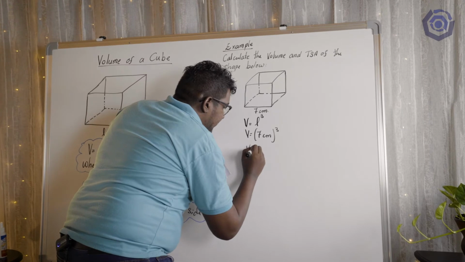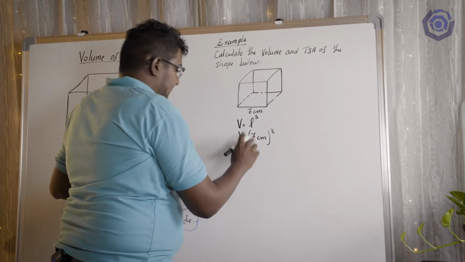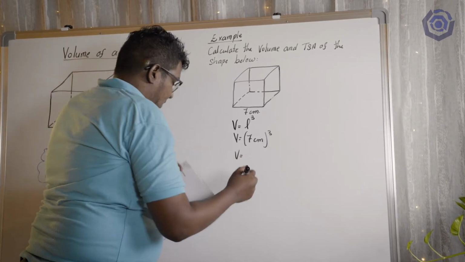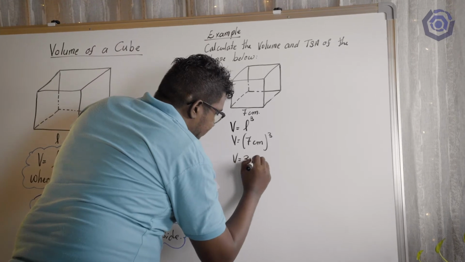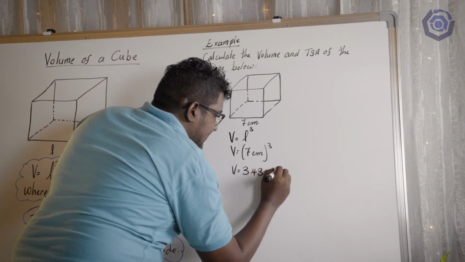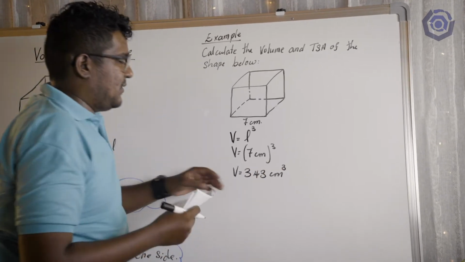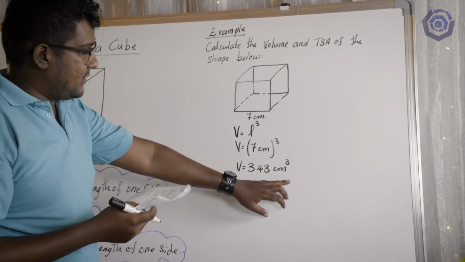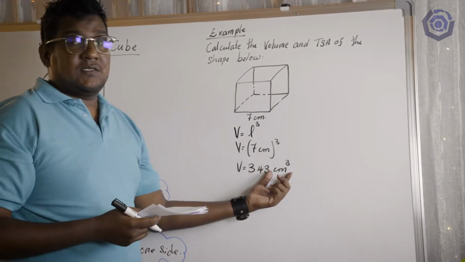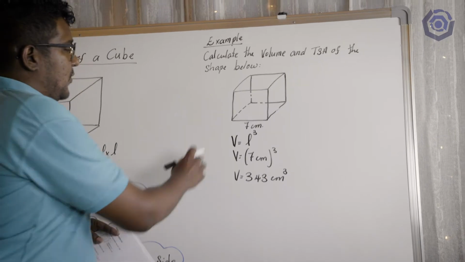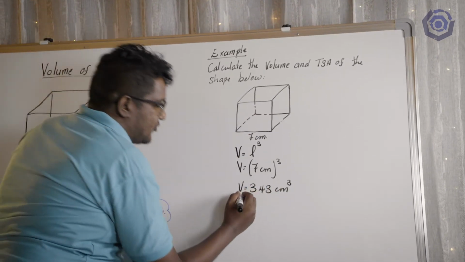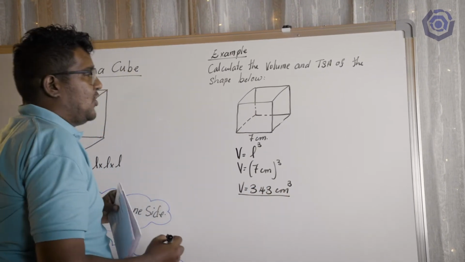So the volume is 7 times 7 times 7, which gives me 343 cm cubed. Remember, we said that when we're dealing with volume, our unit is cubic. So the volume for this cube is 343 cm cubed.